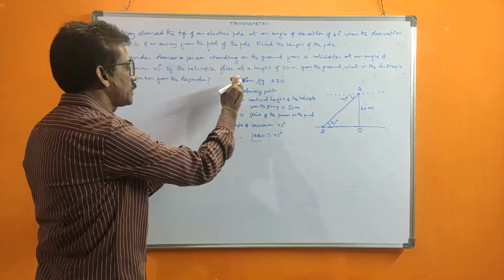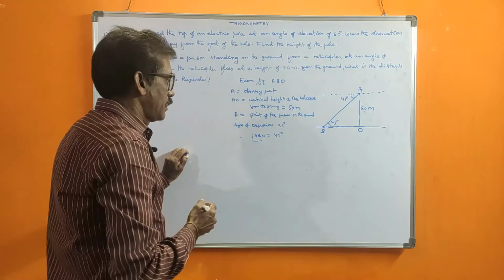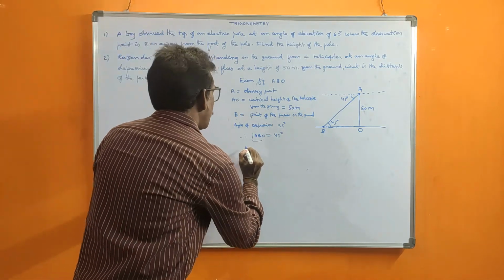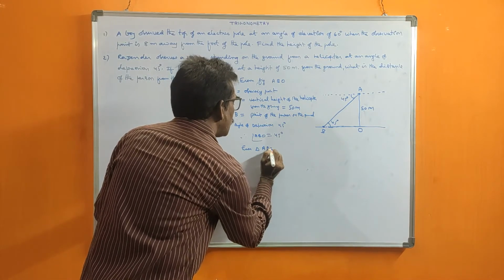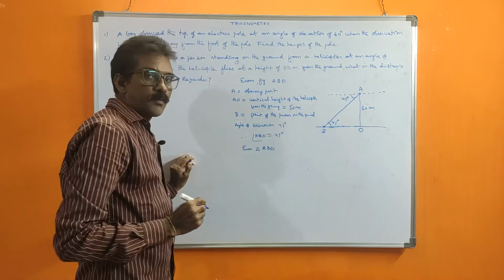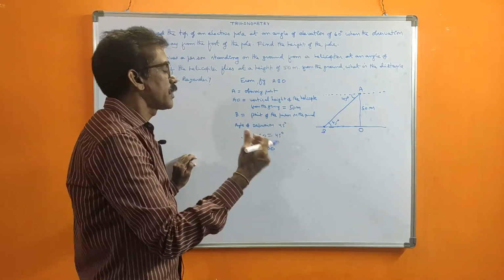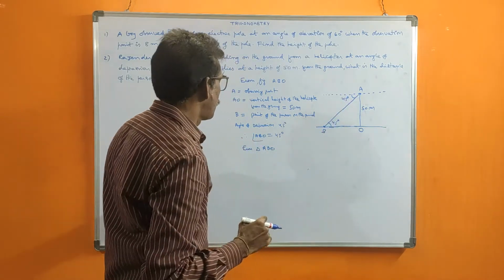Now once you write all the data according to that diagram, then you take the trigonometric ratios. Now from triangle ABO, this angle we know, and for this angle you apply sin or tan or whatever. Now see what we want: AB we want.